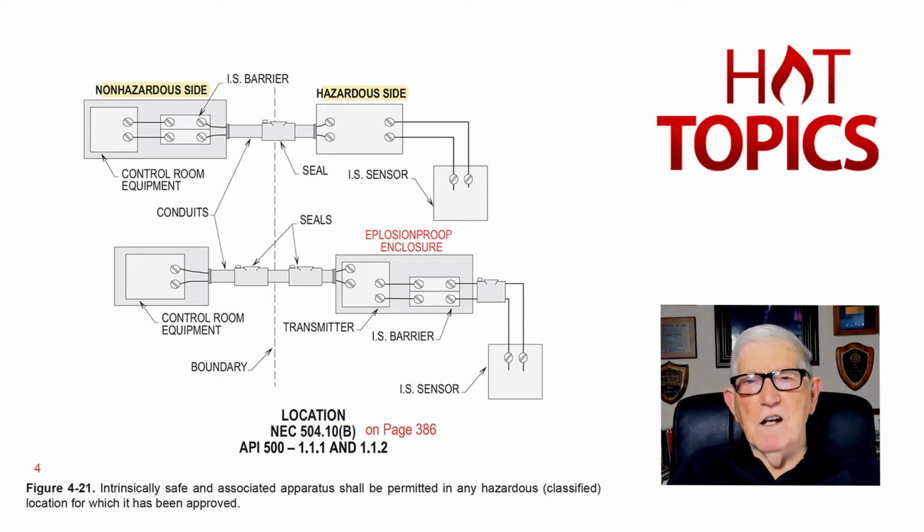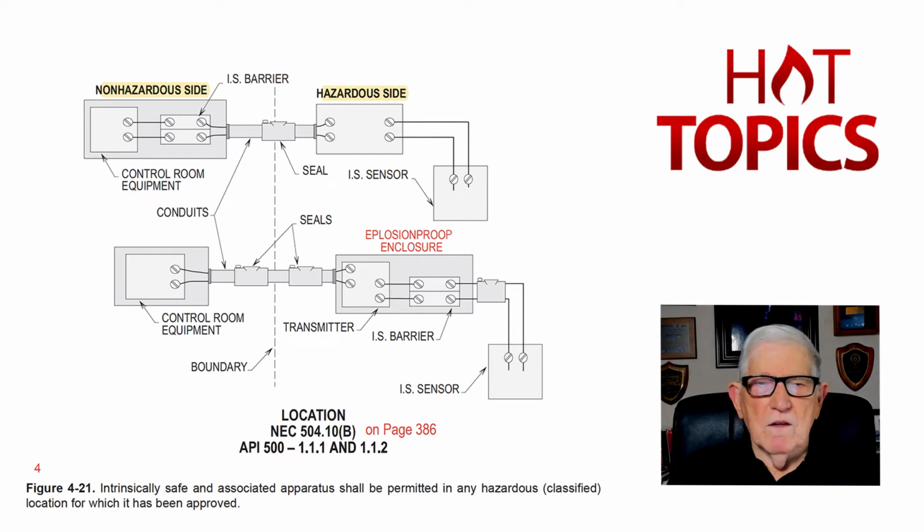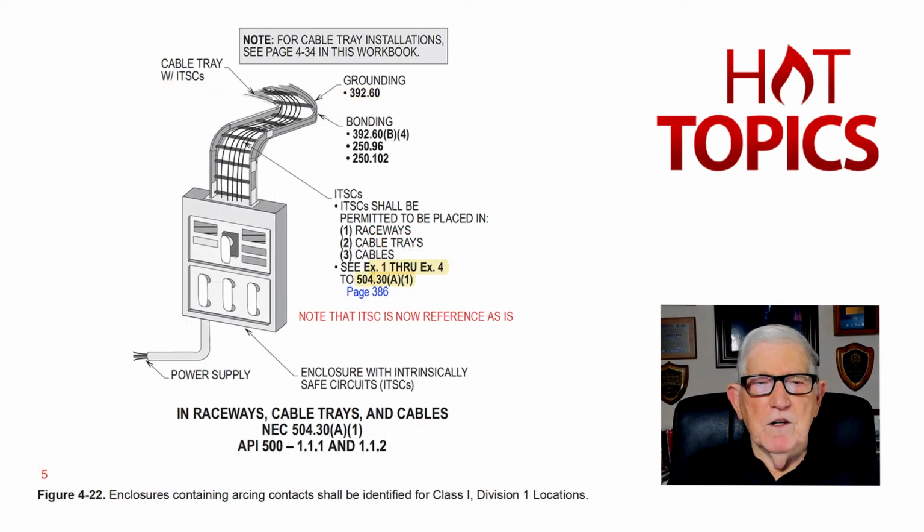Not over in the classified area where you'd have to use explosion-proof enclosures, and that's where those seals would become necessary on that supply side that you see there. And then the load side, naturally, you can choose your wiring methods from 504.20.